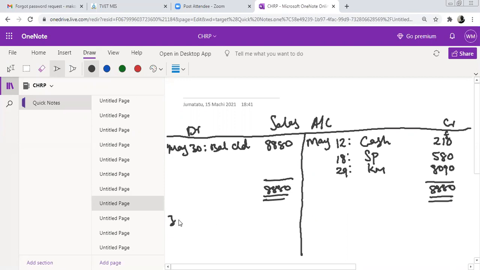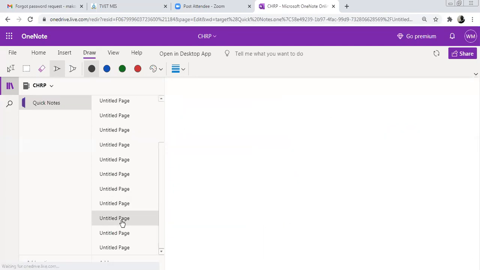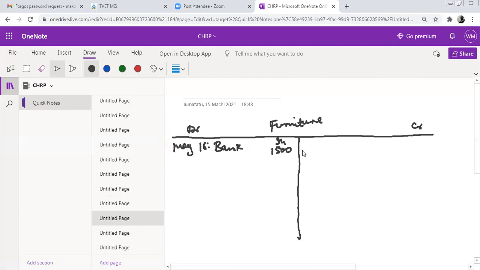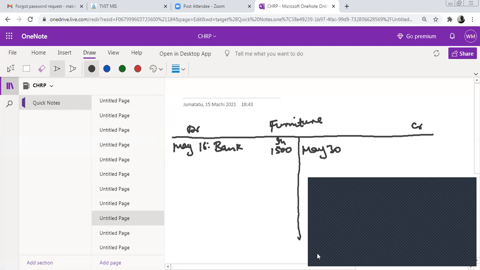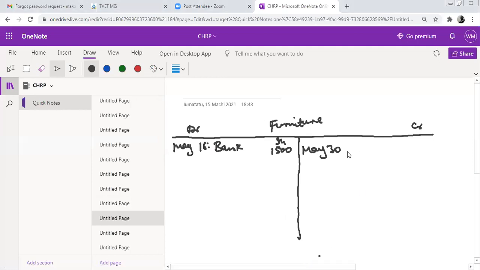Yeah, they made that here. So that we have 1500.